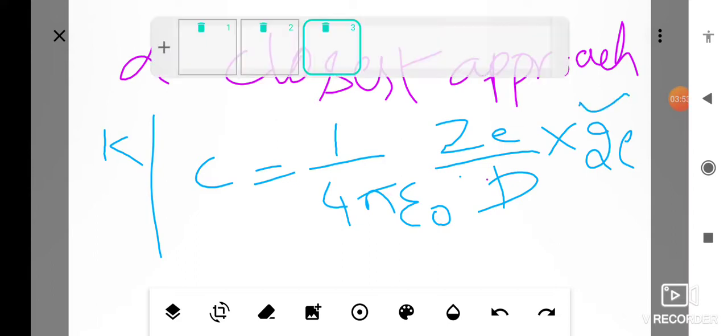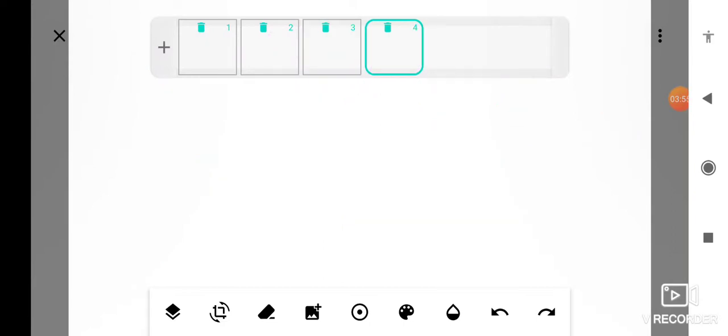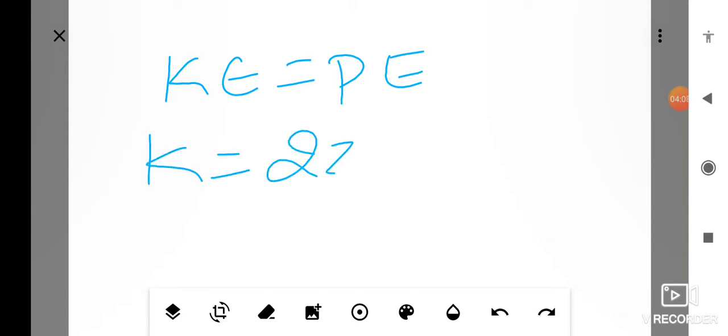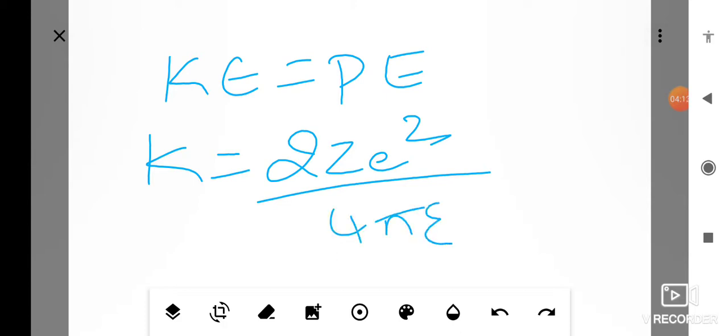Then kinetic energy is equal to potential energy. Then write K equals 2 Ze square divided by 4 pi epsilon naught d.